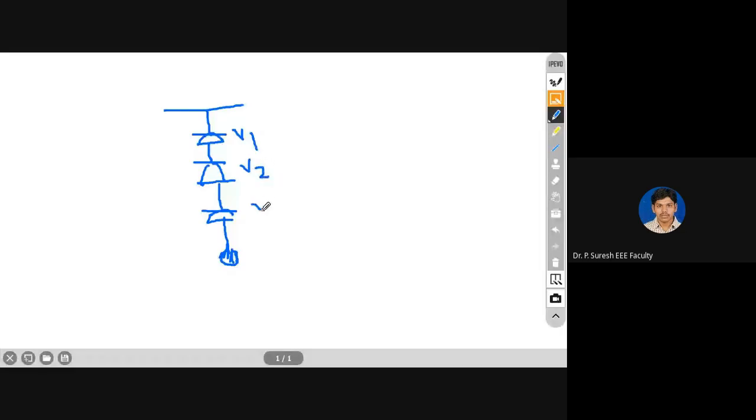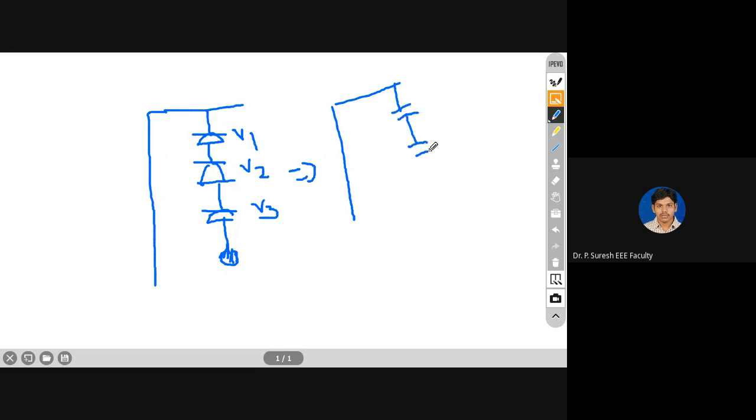So let us take a three-disc string type insulator. Here we are using the conductor. Then the voltage across the first disc is V1, V2, V3, and this is the tower. So the equivalent circuit of this string type insulator will be like that.